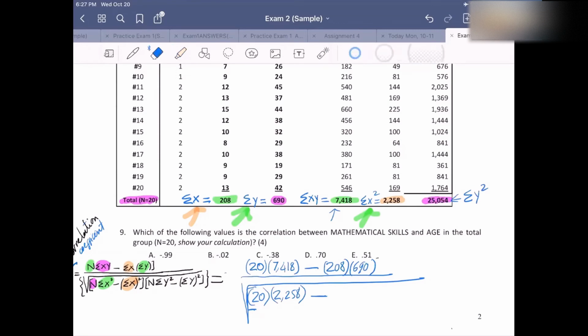That means you have to look at the sum of the x here, and then you square that sum. So you have to take 208, that is the sum of the x, and then square the whole thing. Don't get confused between the sum of the x squared and the sum of the x and the whole thing squared. Those are two different things.